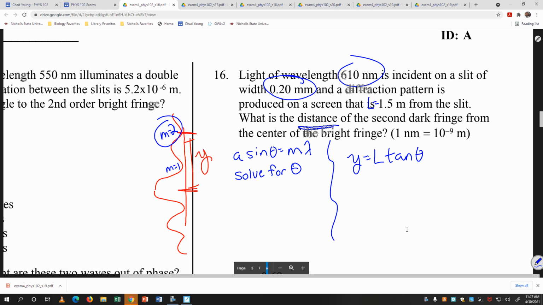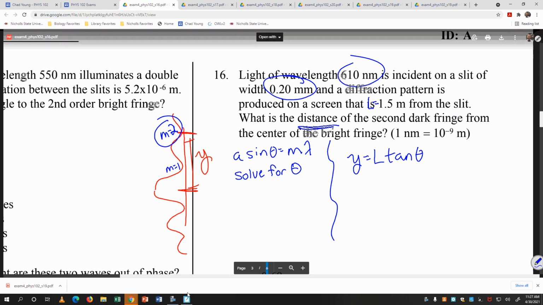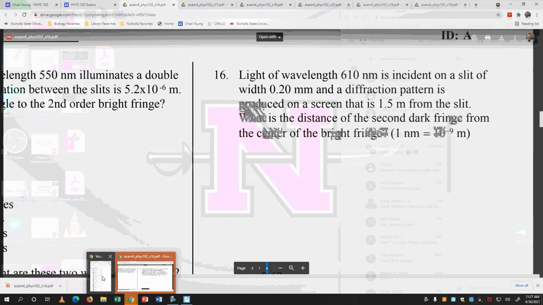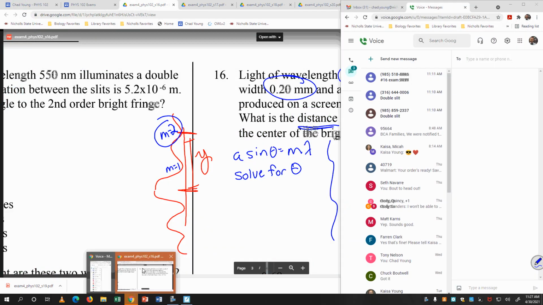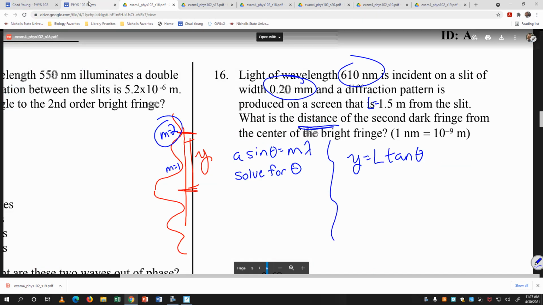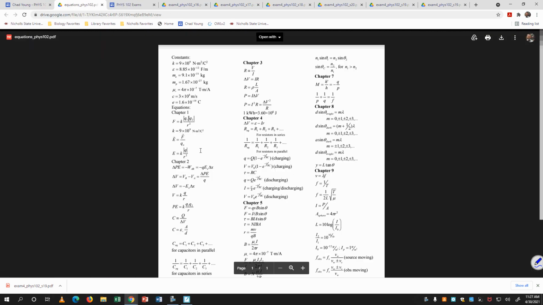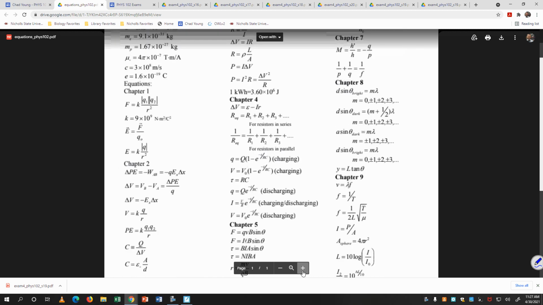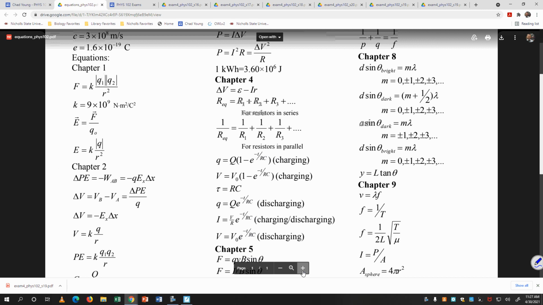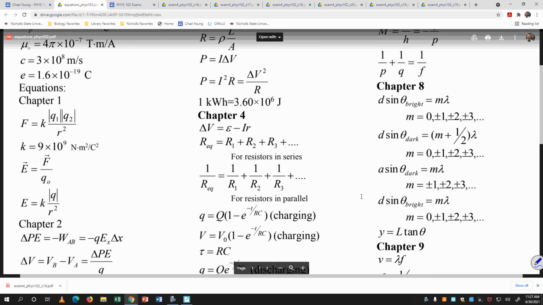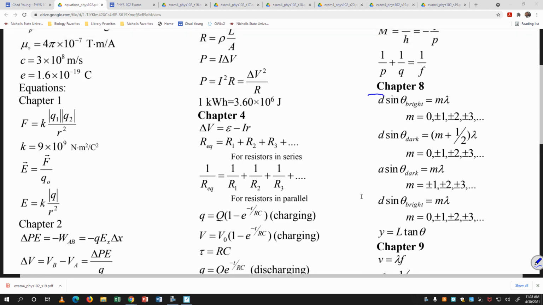Now, fortunately, the equation sheet has some clarity to it. Let me show you the equation sheet. Notice that this is for double slit right here.